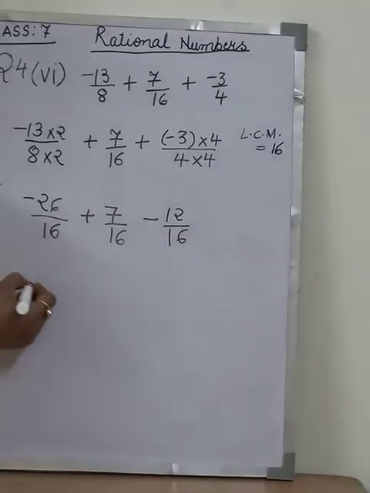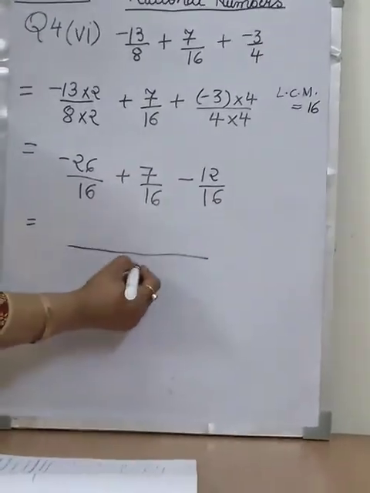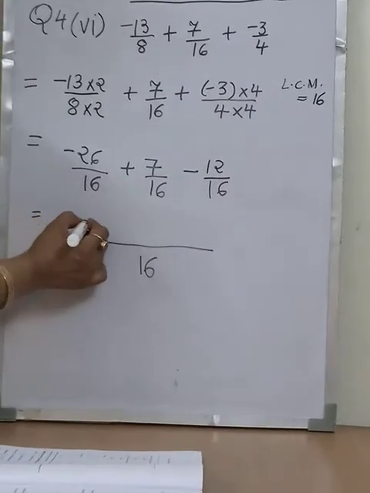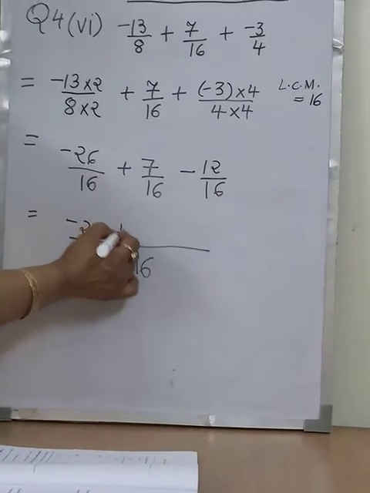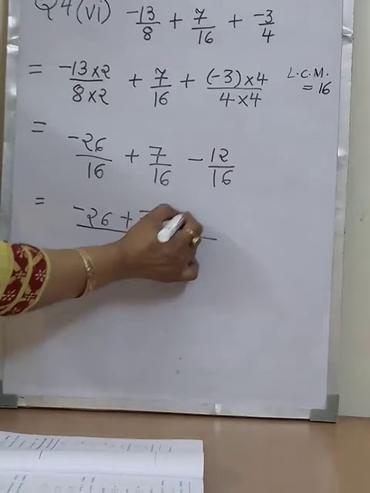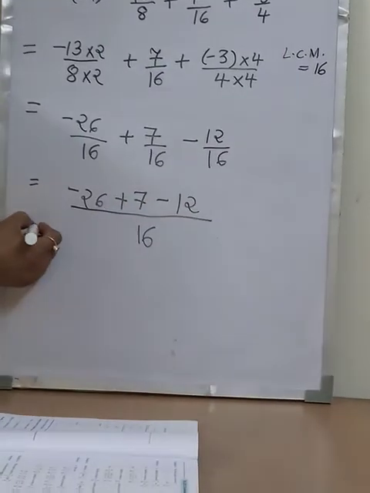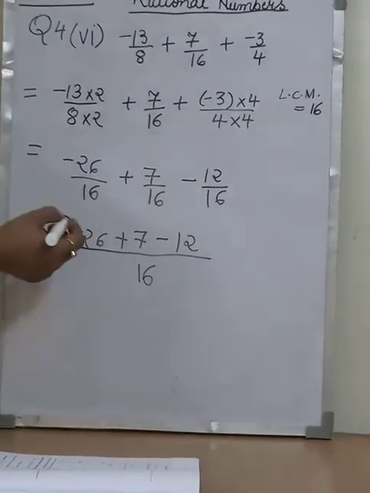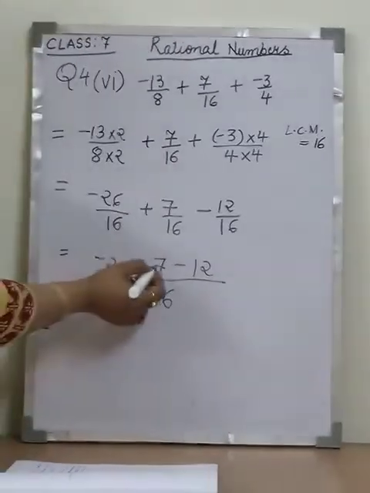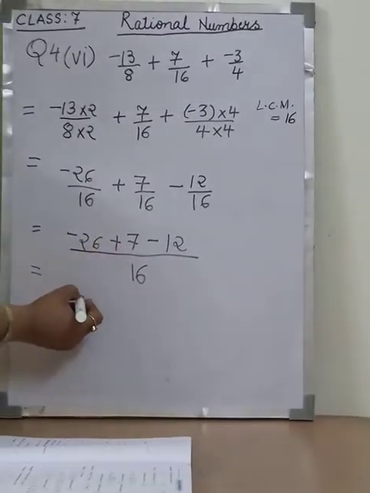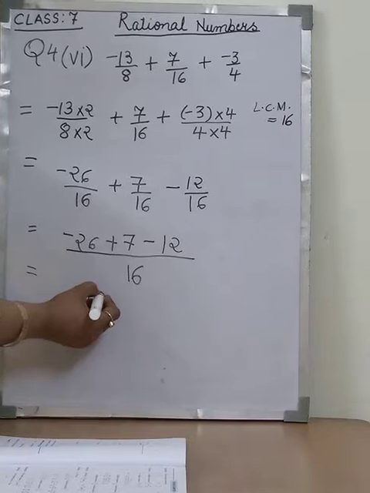Okay. Now what the LCM is? 16. We copy down minus 26 plus 7 and minus 12. Now you can solve it. Plus minus 26 and plus 7 will give you minus 19.